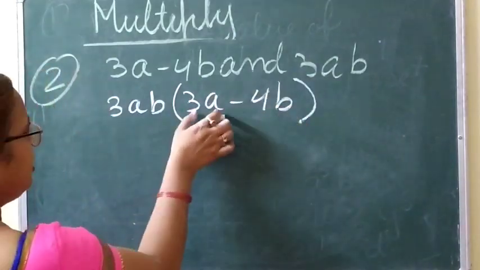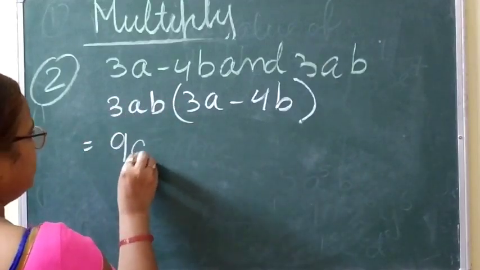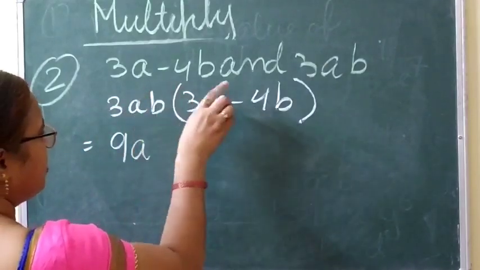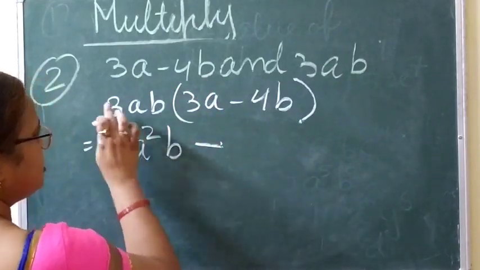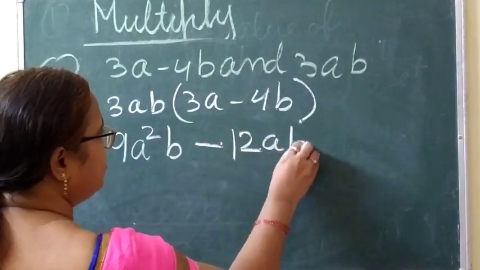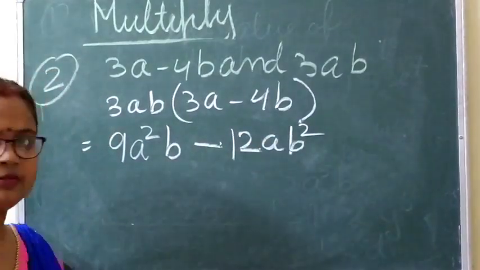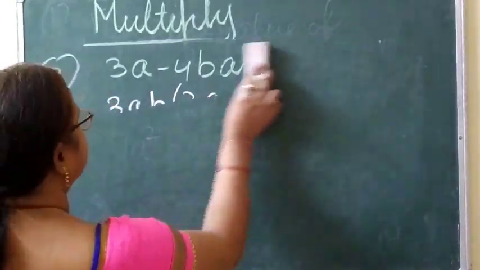So 3ab into 3a: 3 3s are 9. Then a, the power is 1, so a square b, minus. Plus and minus, 3 4s are 12, a b square, is the answer. Okay, it is very easy.